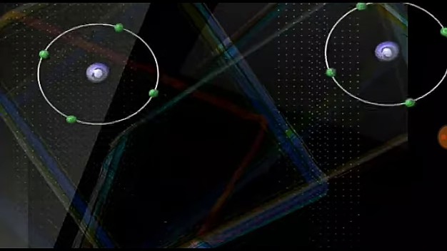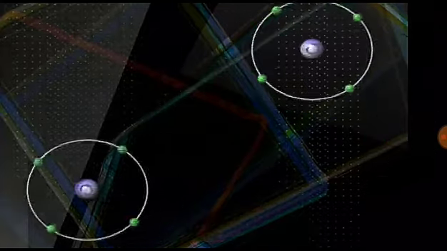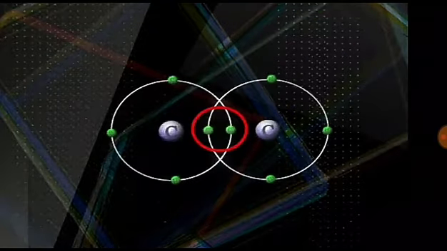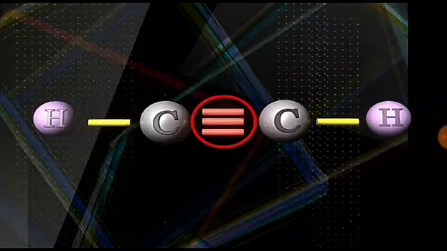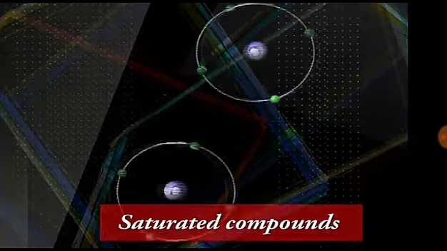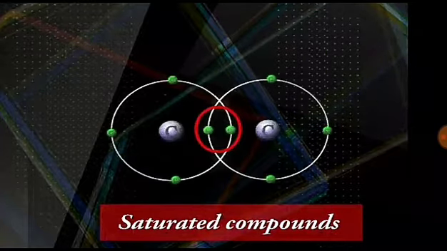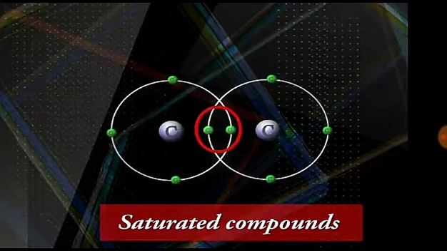Carbon can form bonds with other carbon atoms by sharing one pair of electrons, or 2 pairs of electrons, or 3 pairs of electrons. Compounds in which a carbon atom forms a single bond by sharing one pair of electrons with another carbon atom are called saturated compounds.